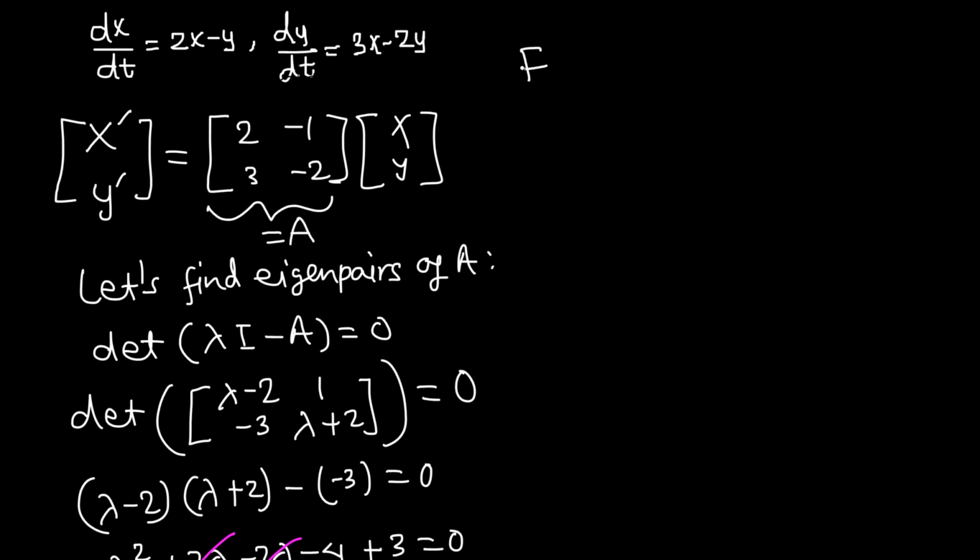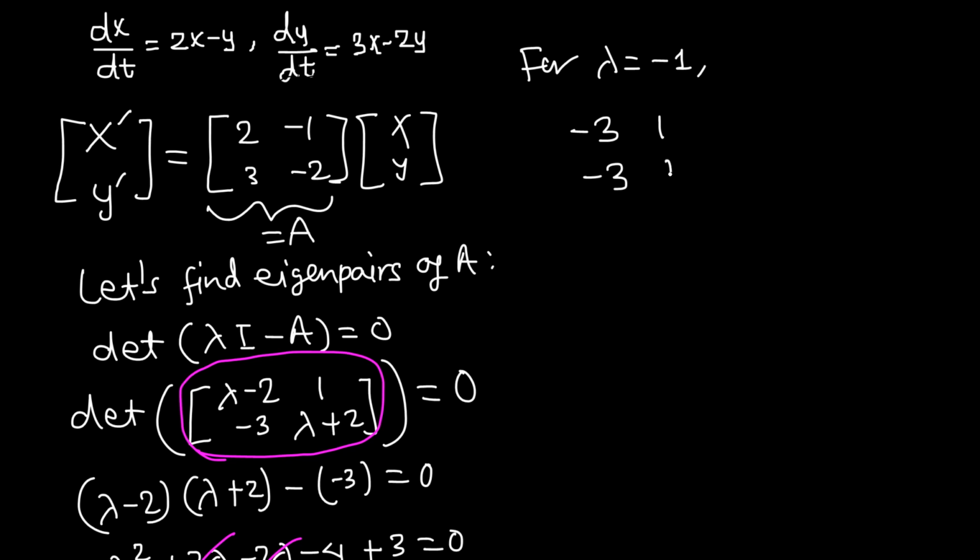Okay, for lambda equals -1, we have this matrix lambda I minus A. So we plug lambda equals -1 here. So -1 minus 2, -3, 1, -3, -1 plus 2, that's +1.